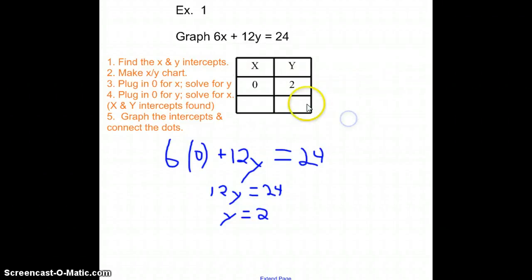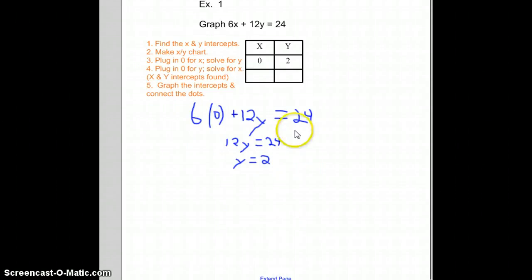Now, let's plug in 0 for y. I'm going to extend this page just a tad here. Plug in 0 for y, so we got 6x plus 12 times y, in this case 12 times 0, equals 24.